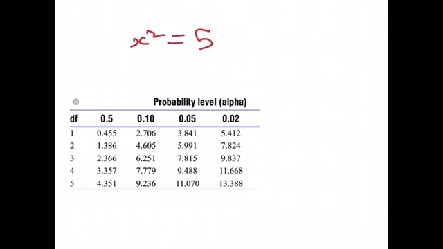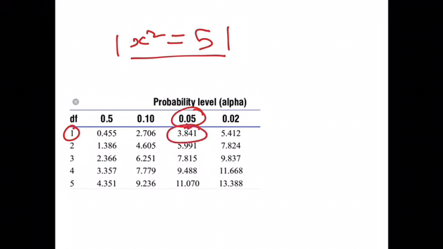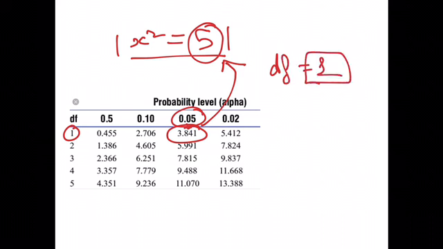What some people do is that instead of going to the table, seeing how many degrees of freedom you have, seeing what your established significance level is, and then looking at your critical value and comparing it to your chi-squared value, they look at the chi-squared value, which is 5 here, and they look at the table, and they see within degrees of freedom 1 what is the closest value to 5, and that is this value right here.